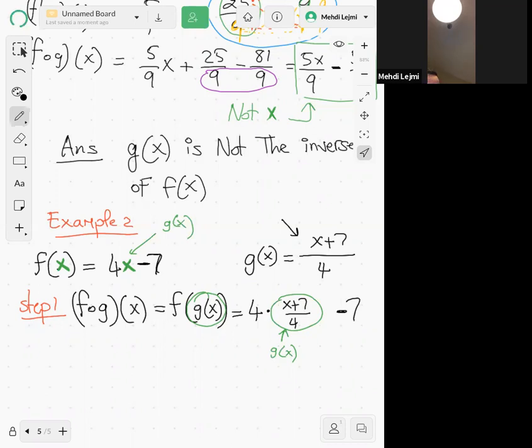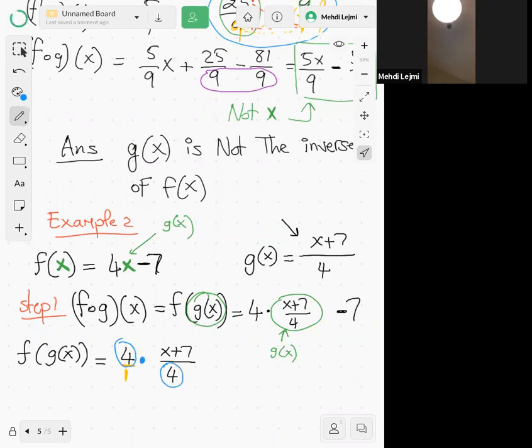Now, guys, let's try to simplify this. So f of g of x is 4 times x plus 7 over 4, minus 7. If you make this 4 look like a fraction, 4 over 1, there's this 4 in the top and this 4 in the denominator.